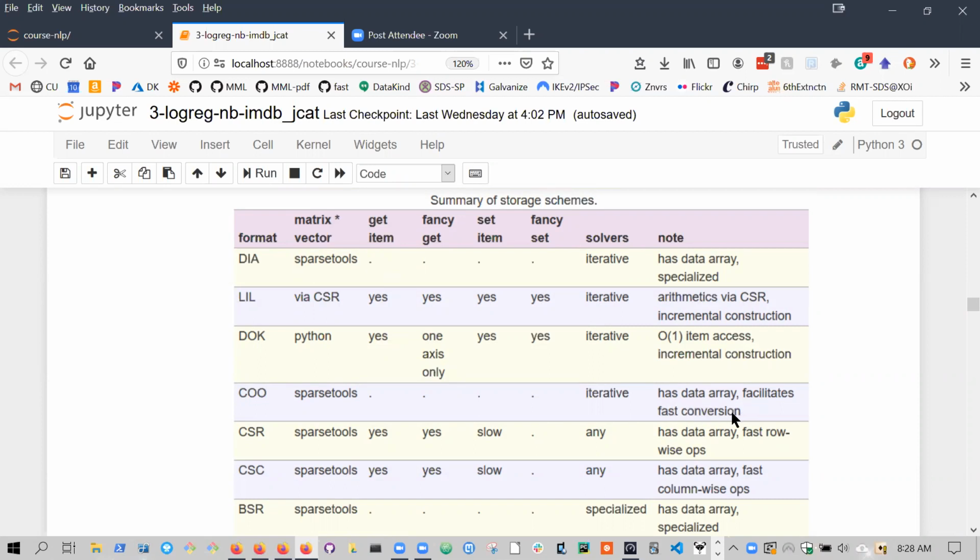It facilitates fast conversion, so this allows you to convert a matrix quickly. But CSR, compressed sparse row format, has other advantages, and that is fast operations. A lot of times they're going to use compressed sparse row because when you do matrix multiplications and matrix additions and so on, that's fast.